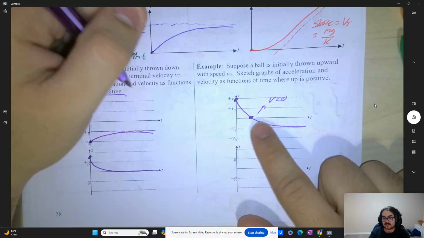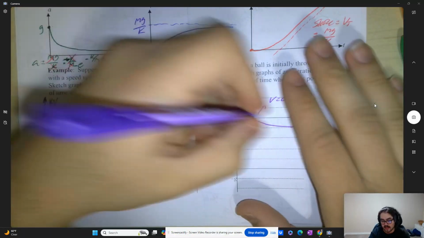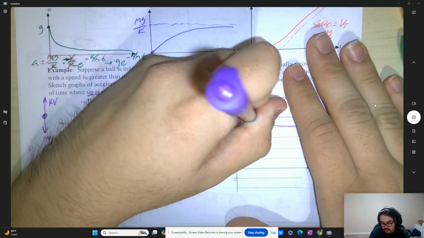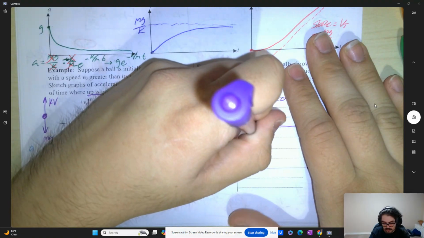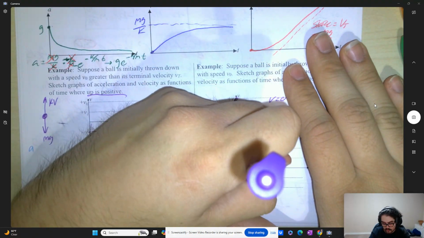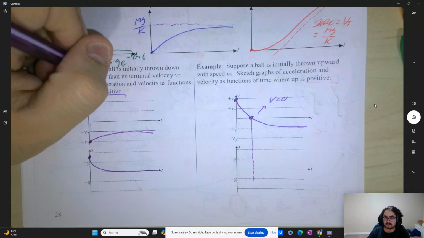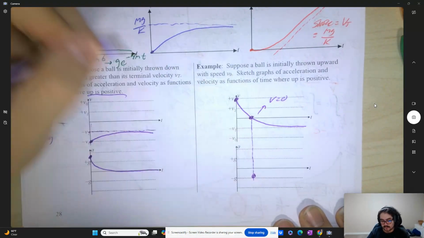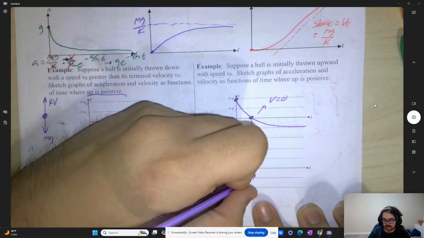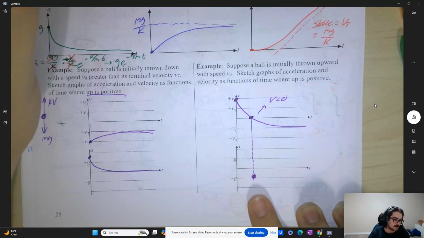So what we should see is that if the velocity is equal to 0 here, this is where the acceleration should be equivalent to negative g, because there should be no drag force on it. So that's where it should be equal to g, right about there.